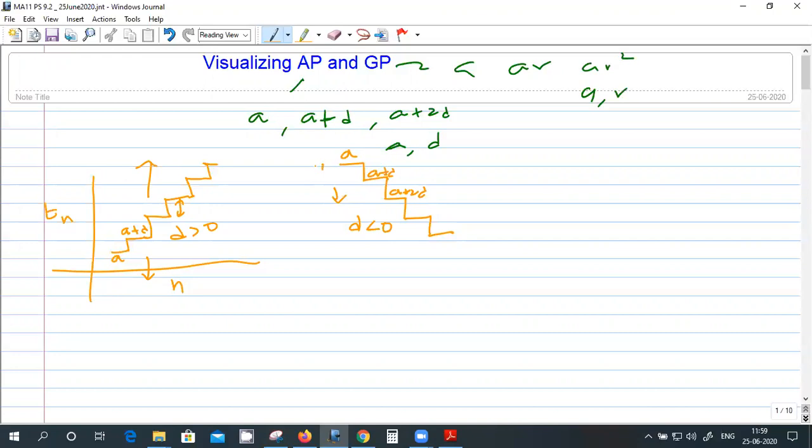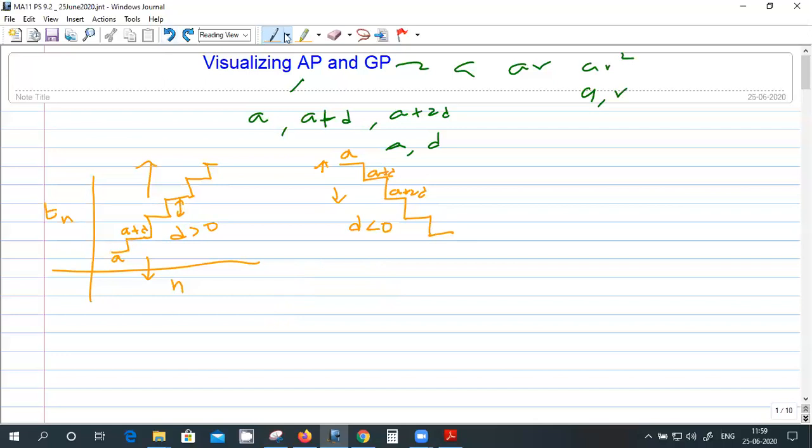And if I increase the size of D, still negative, then the step size will increase. So the AP can either be like this or like this, coming down. Things I can change are: I can make the step size larger and I can shift the whole thing up and down. These are the only possibilities.